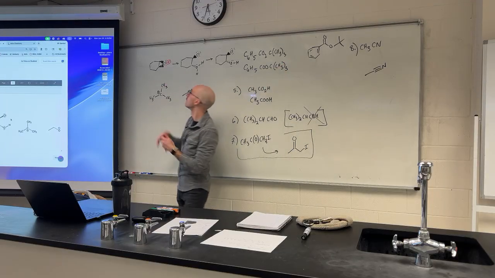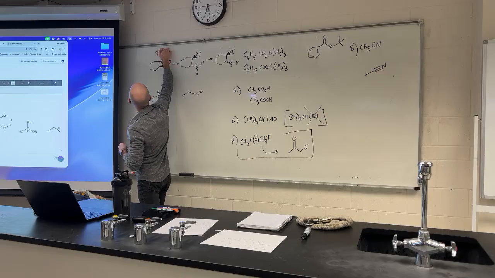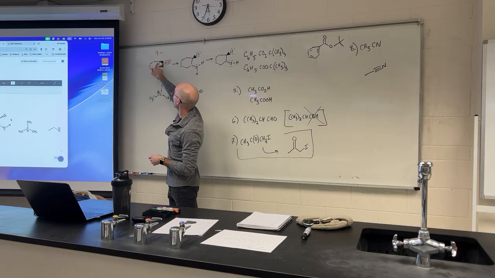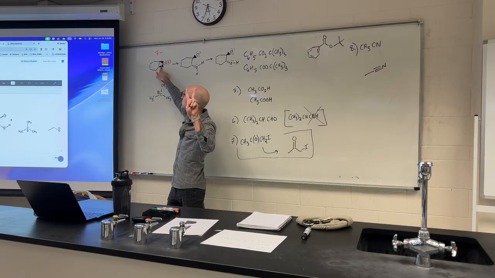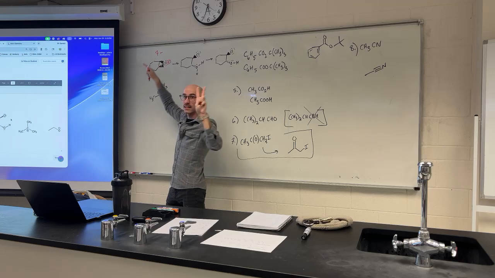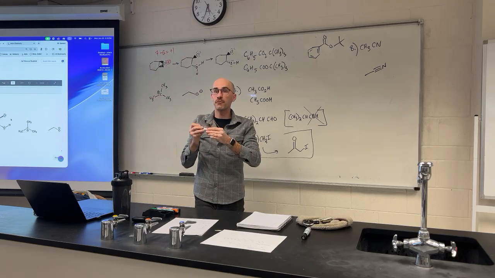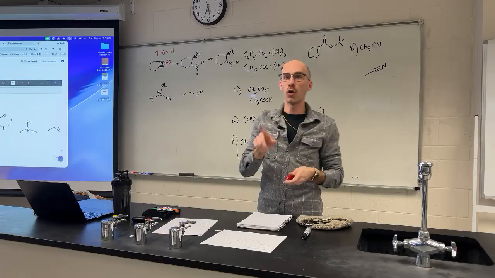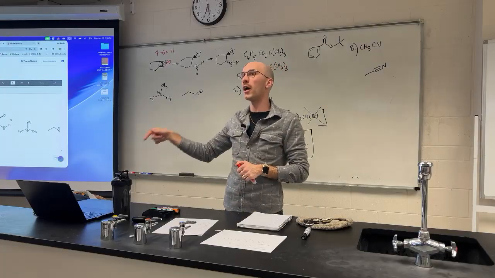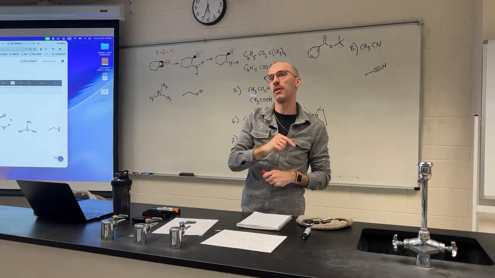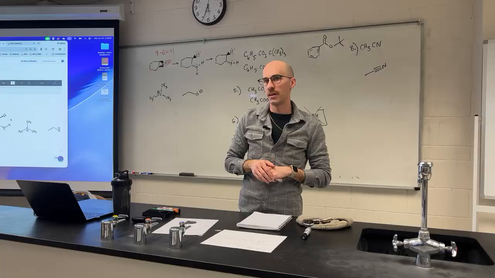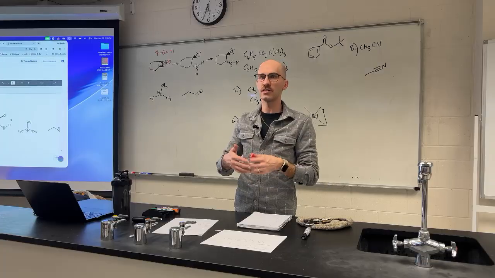How'd you get 6? 7 minus 1 line, 2 lines, 3, 4, 5, 6. I've got 4 dots. That's right. I count every dot and every line. Or you can count half of the bonding electrons and all of the non-bonding electrons. Half of the bonding electrons is just each bond.